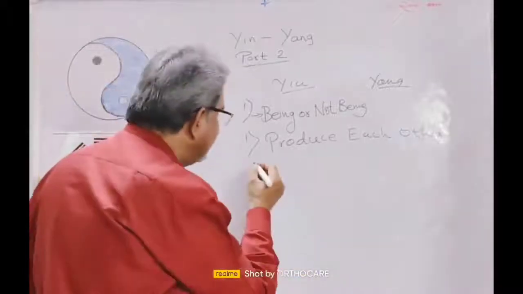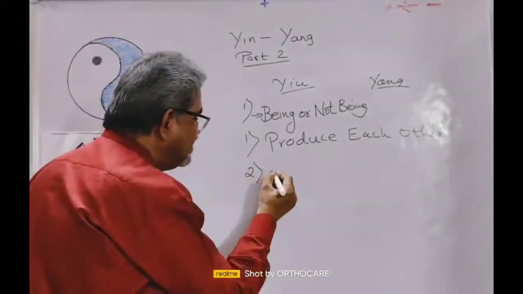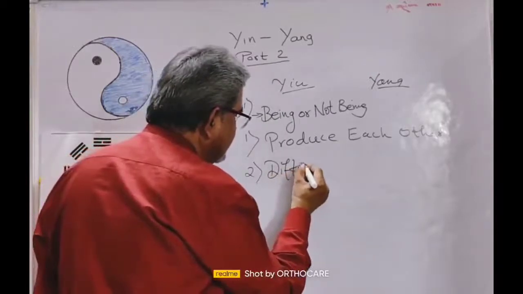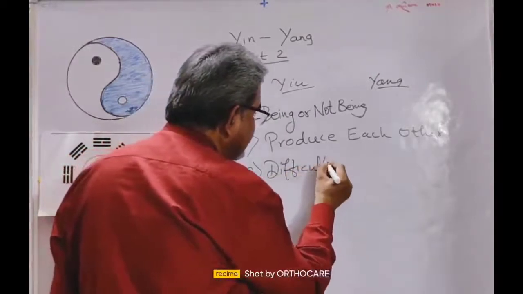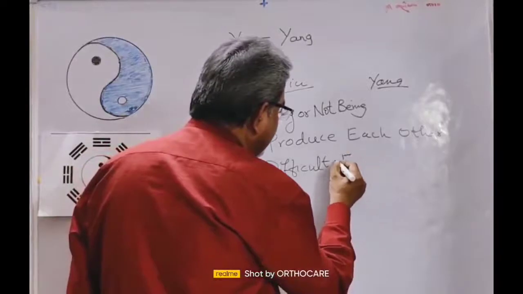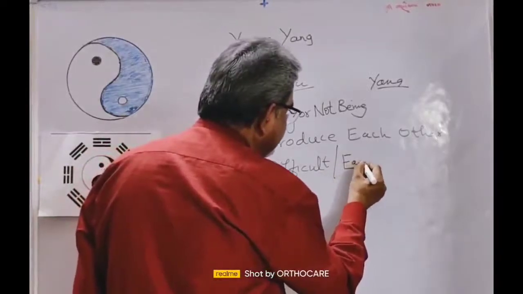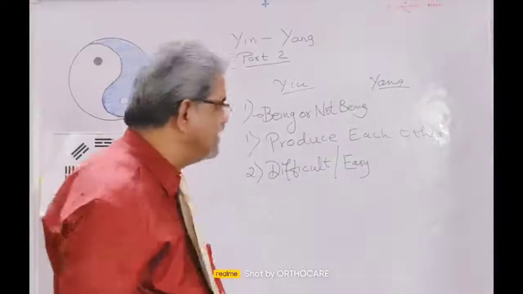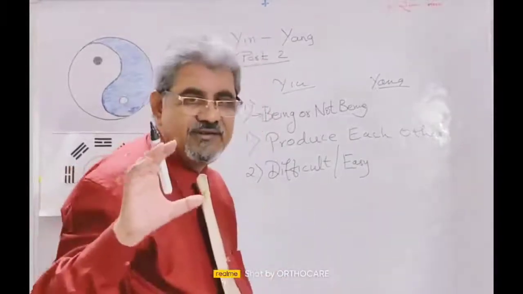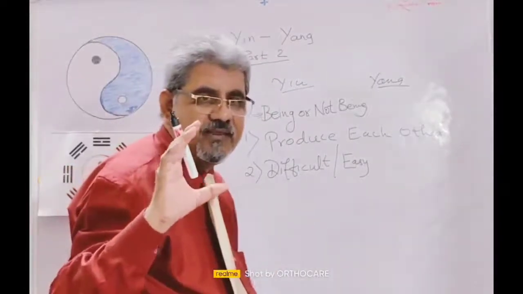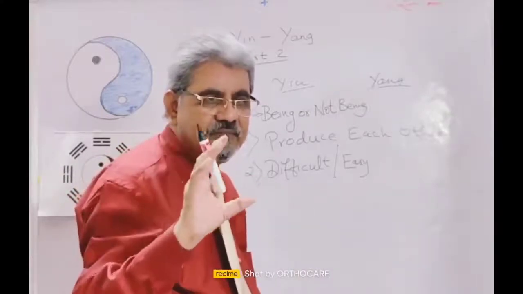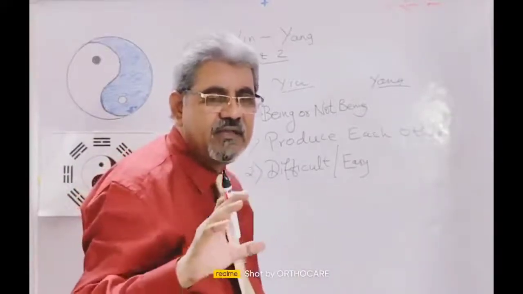Then we go to the second pair: difficult and easy. So what is this difficult and easy? For example, maths is very tough for some people and very easy for some people.